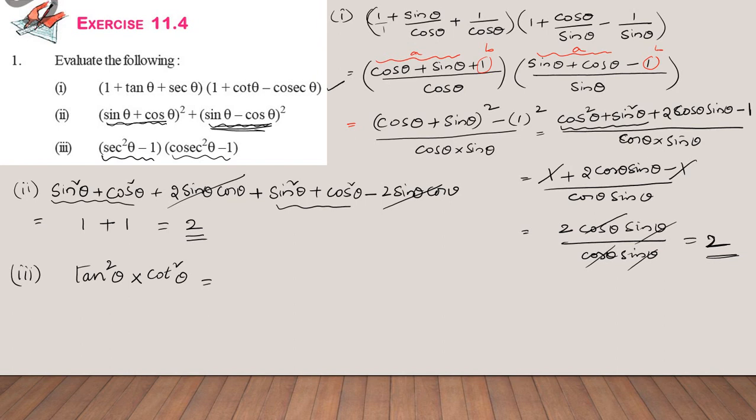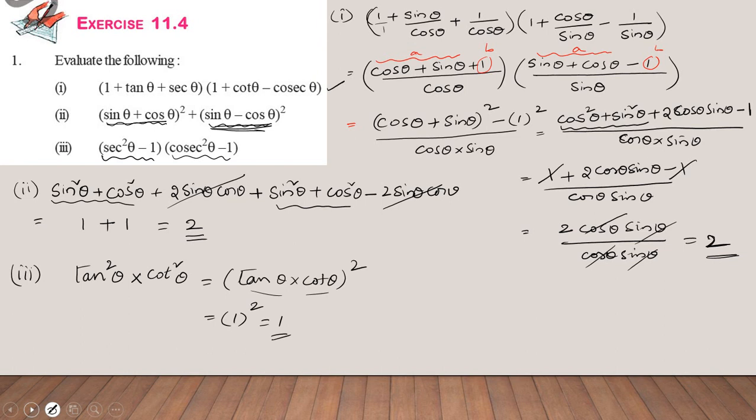So tan square theta into cot square theta is nothing but tan theta into cot theta whole square. Already tan and cot are reciprocal functions, right? So when you multiply, its value will be equal to 1. So 1 square gives me 1, right? Likewise we can simplify these problems.